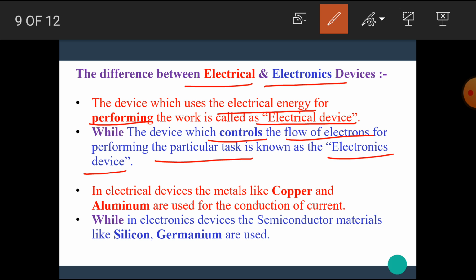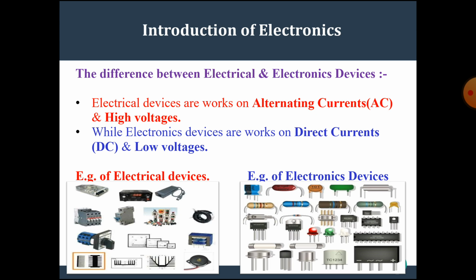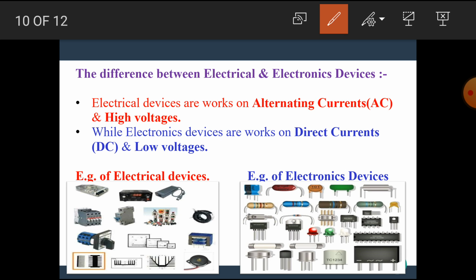In electrical devices, metals like copper and aluminum are used for conduction of current, while in electronic devices, semiconductor materials like silicon and germanium are used. Electrical devices work on alternating current. That means they work on AC mains and high voltages.